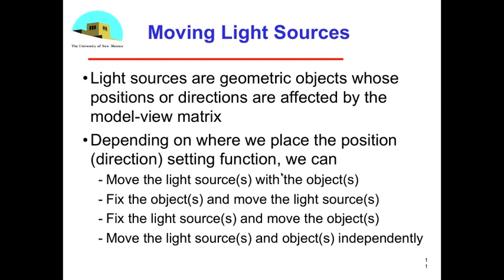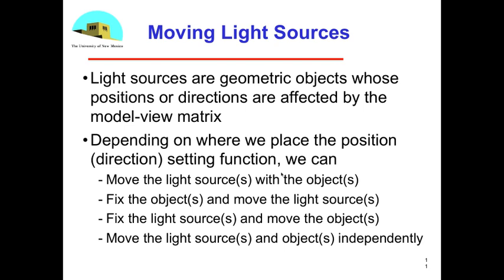Moving light sources are very straightforward to do, because a light source is a geometric object. It's like any other geometric object. So if I change the light position, the direction of the light or its location, if it's not a distant source, or even if it's a distant source, is going to change.